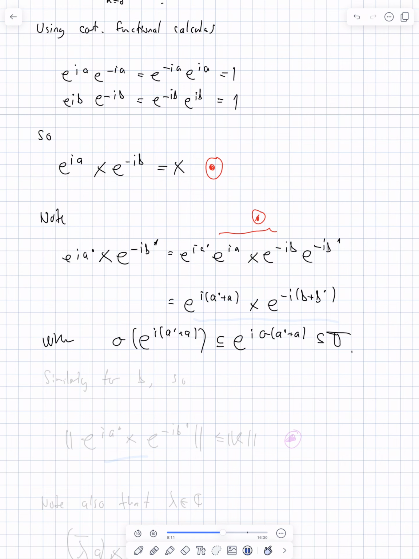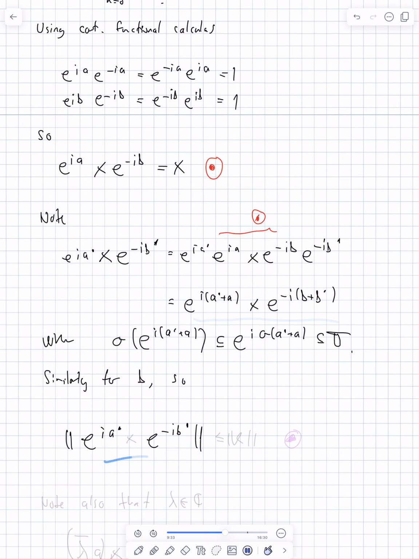So I'll say similarly for b. So the norm of e to the ia star, b e to the minus ib star is, I mean, because of the computation we just did, right?